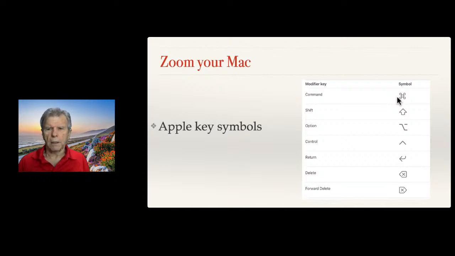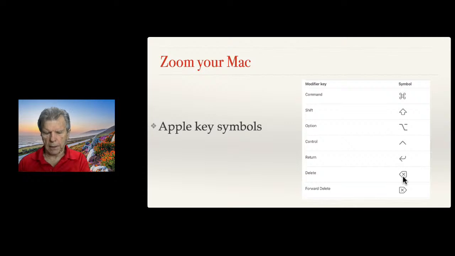You have the outlined up arrow to represent shift. Option is the interesting little symbol here, the horizontal, diagonal, horizontal line, and another horizontal line. Control is just a non-outline up arrow. Return goes down and then horizontal, ending in an arrowhead.